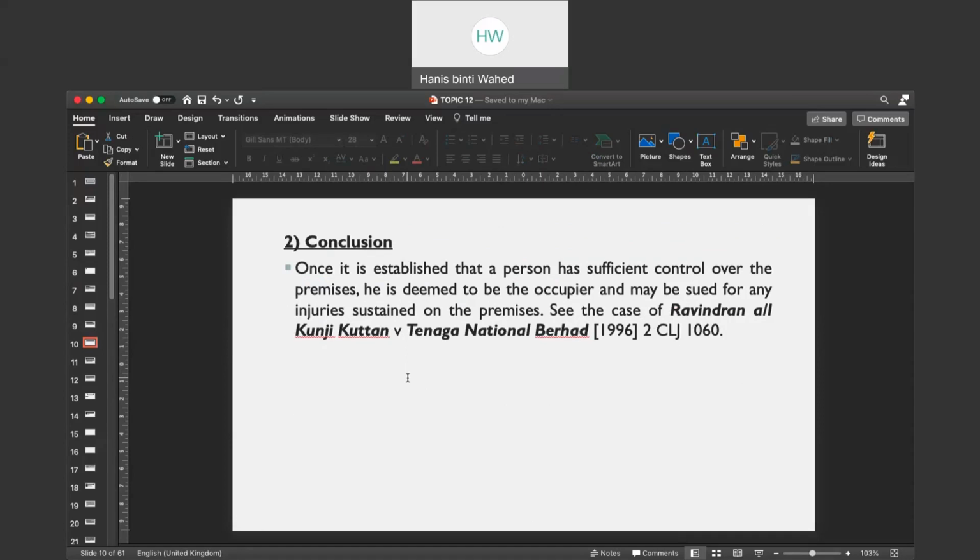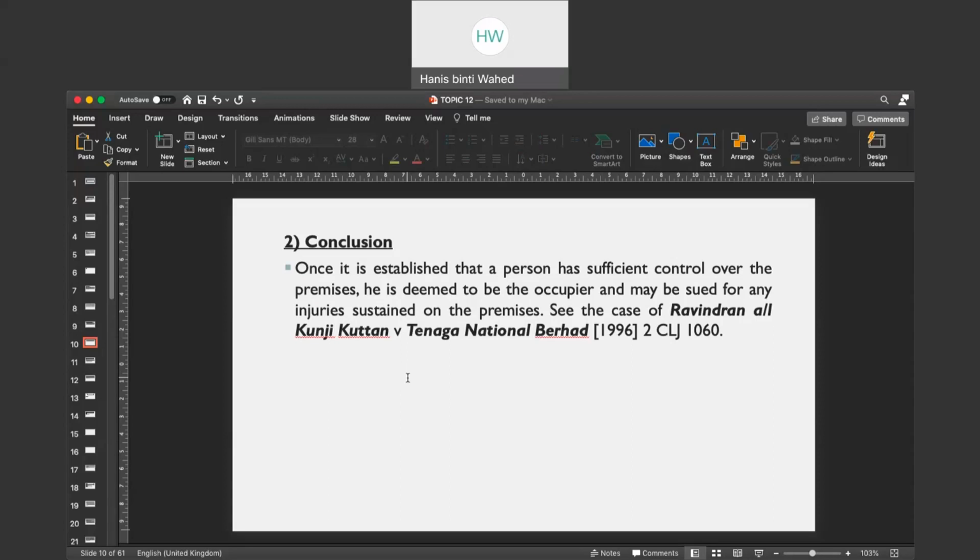So in this kind of situation, we'll use what we call the occupational control test, as discussed in the previous case of Wheat v Lacon, Wheat against Lacon. So liability will be imposed on those who have control of the premise, sufficient degree of control of the premise.